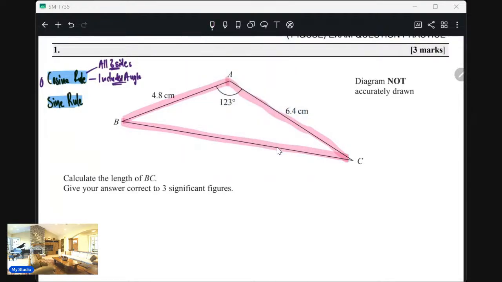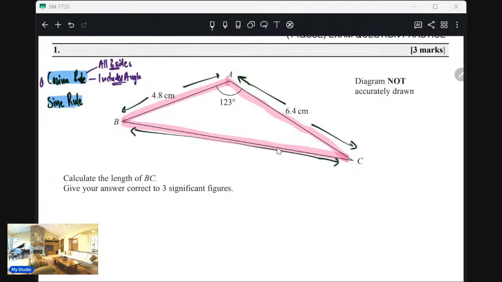Now let's check this triangle. Do we have all three sides? Do we have side AB? We have it. What is the size of side AB? 4.8. Let's go. Do we have side AC? What is the size of AC? 6.4. Do we have BC?